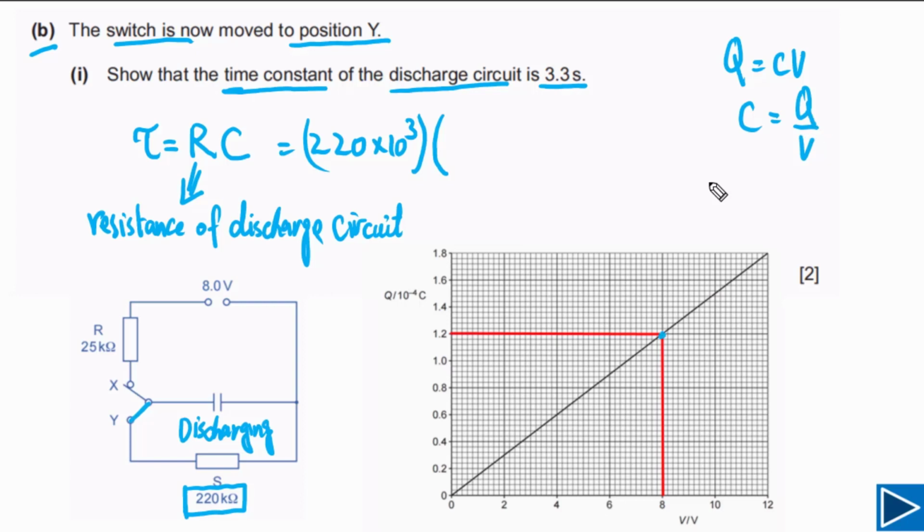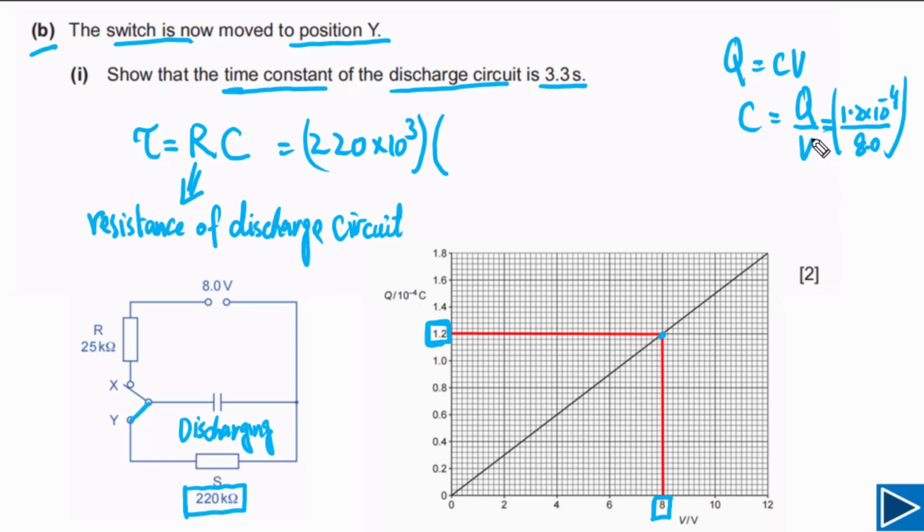C is equal to the charge on one plate of the capacitor divided by the potential difference between the plates. So the charge on one plate of the capacitor is this one, and the potential difference across the two plates is equal to 8 volts. So the capacitance will be equal to 1.2 times 10 to negative 4 divided by 8.0.